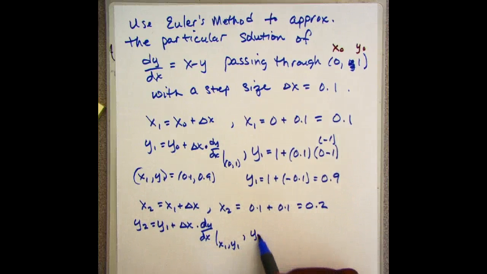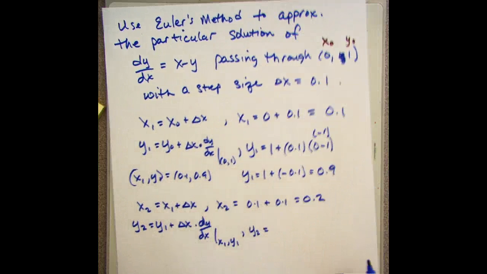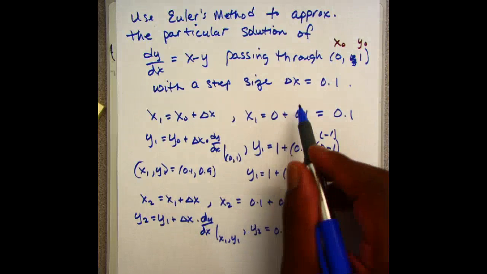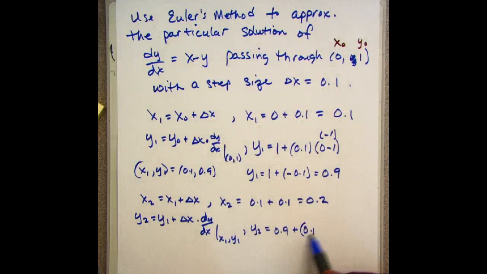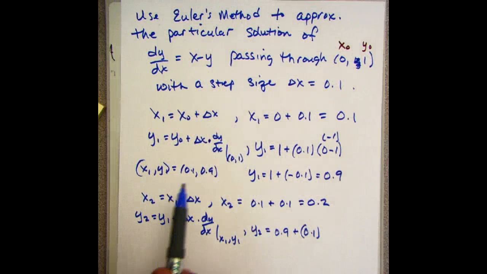So y sub 2 is equal, well, y sub 1 is 0.9. So it's going to be 0.9 plus delta x 0.1 times, now we're going to evaluate dy dx, but this time we're going to evaluate it when x is 0.1 and y is 0.9.